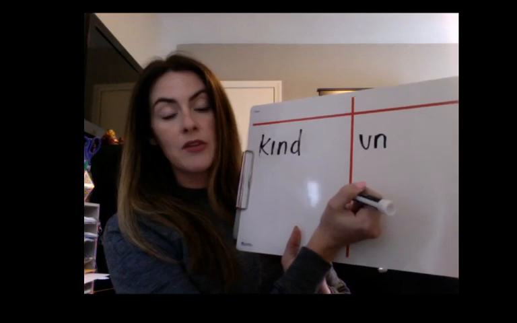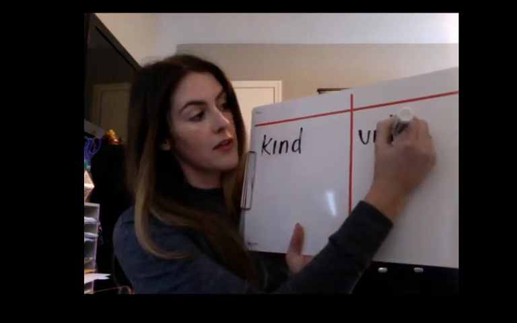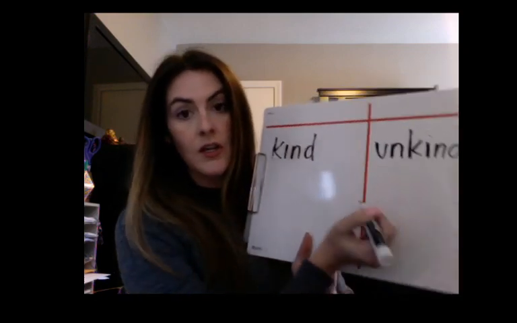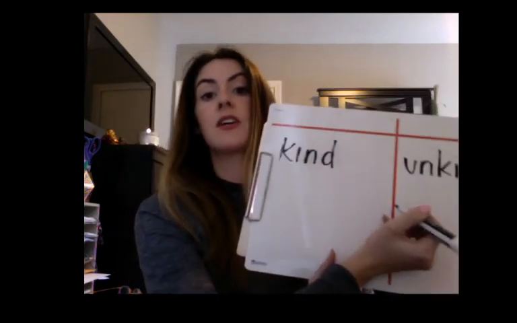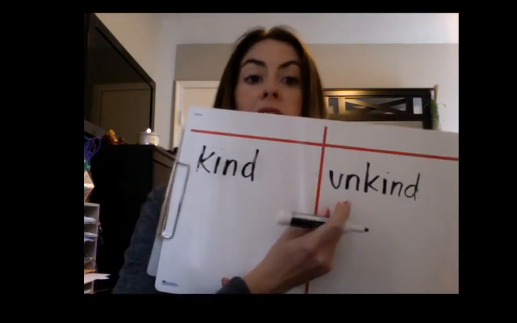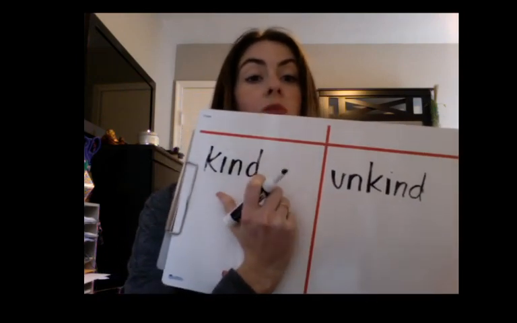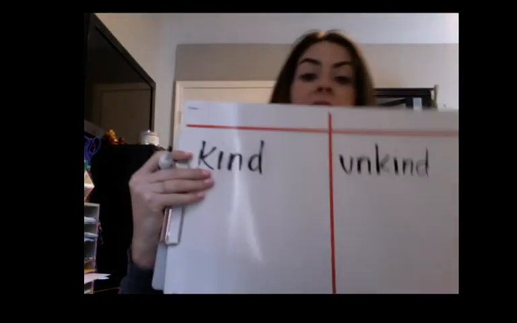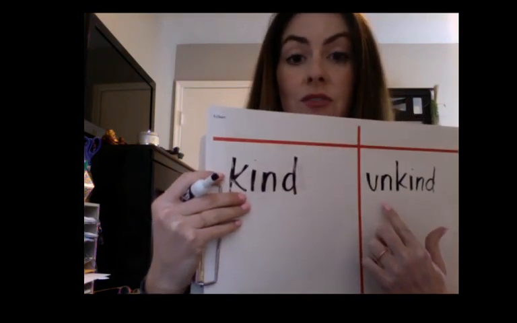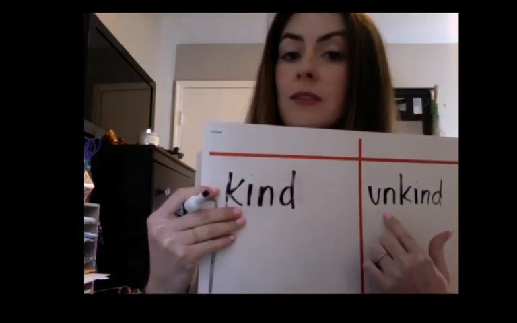If we add the prefix un to the word kind, we get the word unkind, which changes the meaning of the word. It no longer means kind, which is sweet and nice and something that we all are, right? Now it means not very nice or not very kind. So the complete opposite. Un means not.